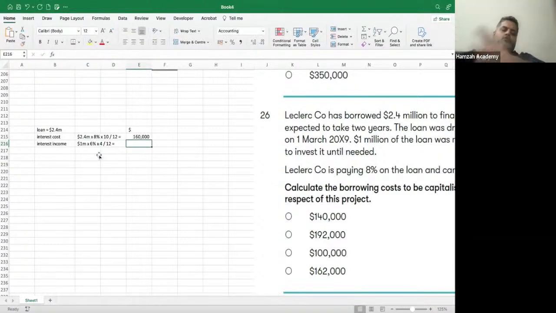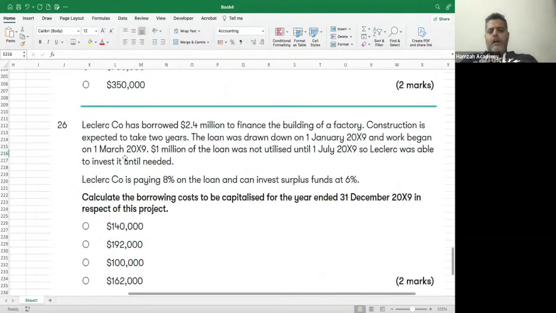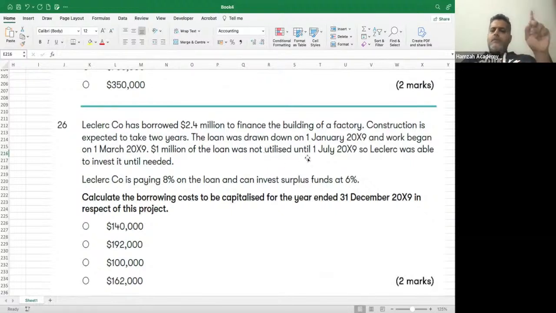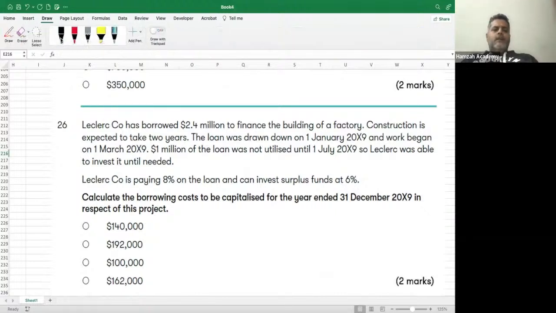Now, before I go towards solving, I took the loan from March to 1st July, that is 30th June, March, April, May, June, for the 4 months, right? But if you look closely, I got the loan on 1st January, so I had the whole money with me.